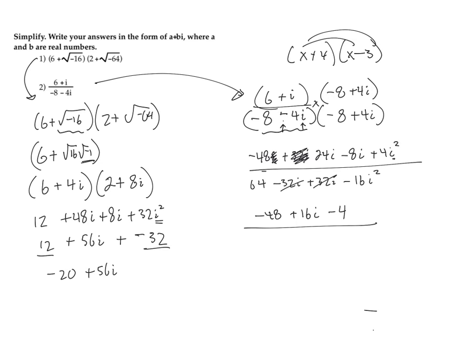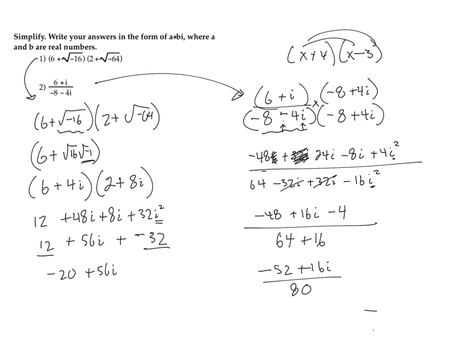But on the bottom, I've got 64. Now i squared is a negative 1, so negative 1 times negative 16 would be a positive 16. So on the top, I've got minus 52 plus 16i, and on the bottom, I've got 80. Feeling pretty good there. There's no i's on the bottom, that's good.